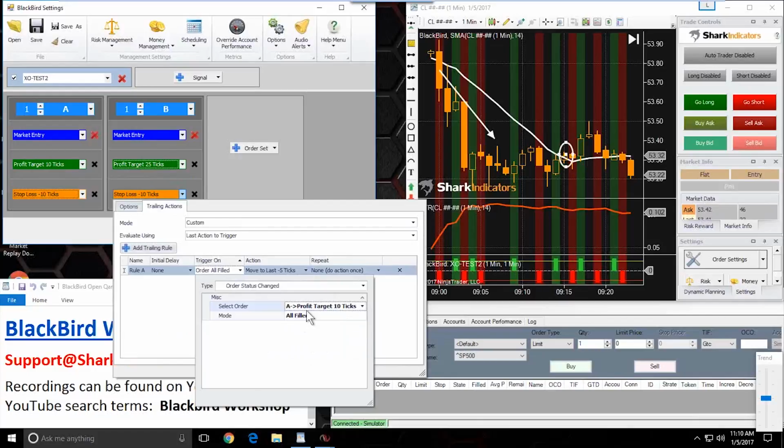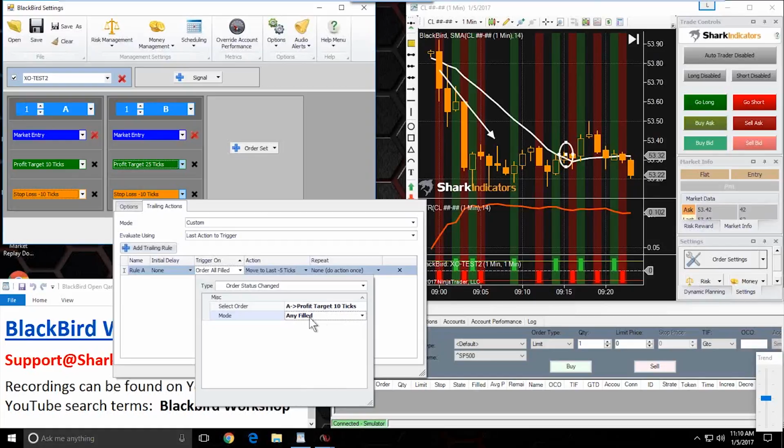So if we're looking at the profit target for order A, then we could say, do we want the trigger to happen if just any of the contracts gets filled? For example, let's say you're trading 10 contracts on A. If just one of those contracts gets filled on the profit target, you could say any gets filled.